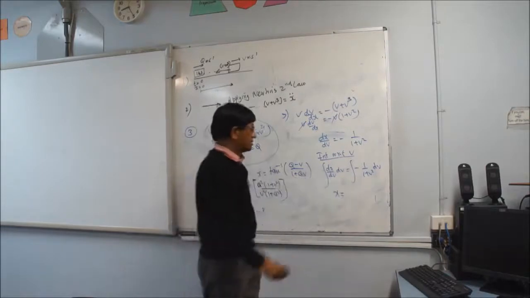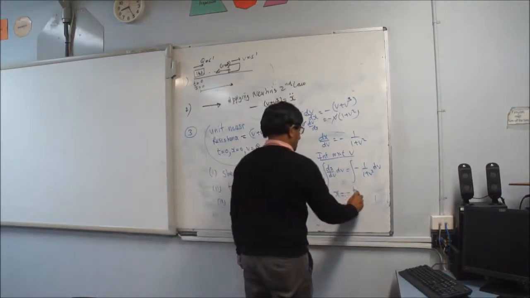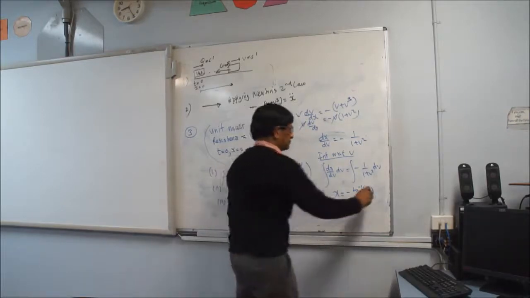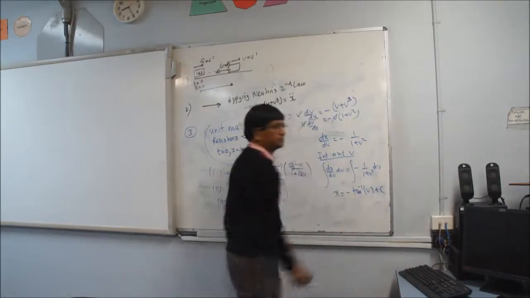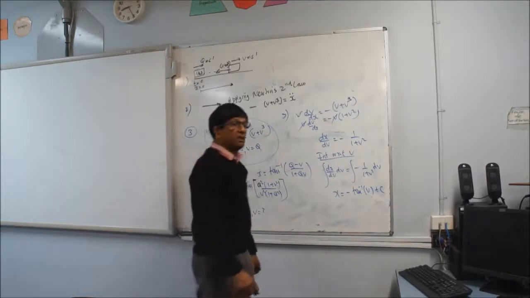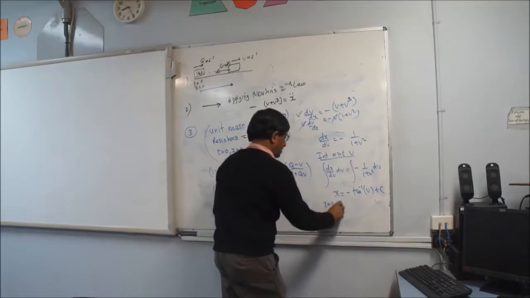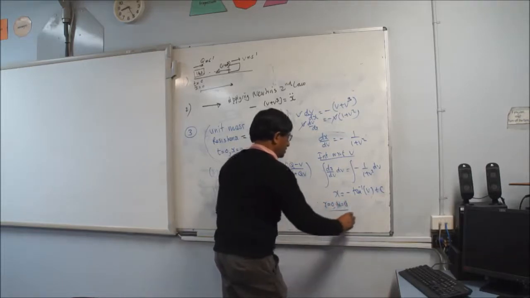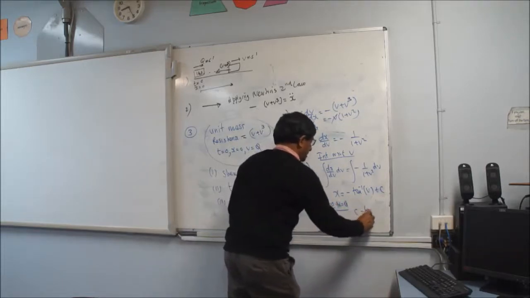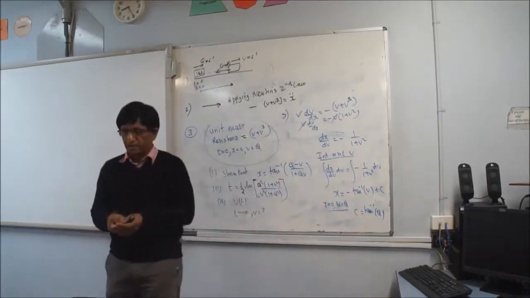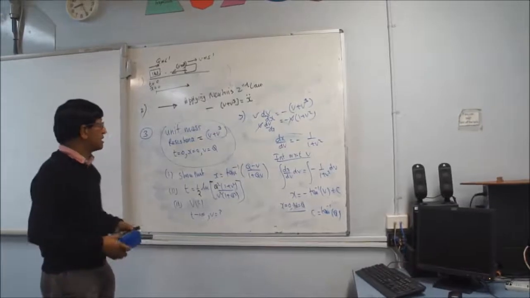This you know is inverse tan, isn't it? Then use the initial conditions. x is 0, and v is q. So c becomes inverse tan q. Okay?